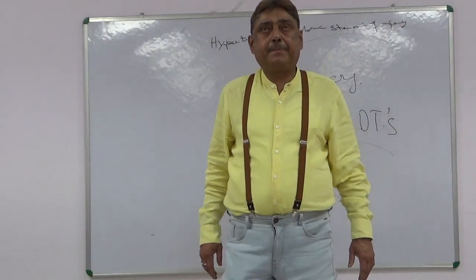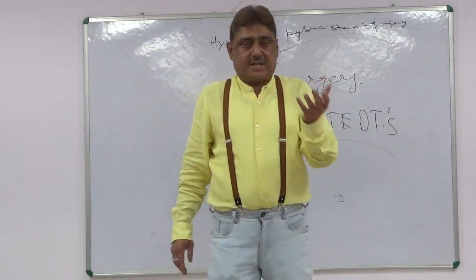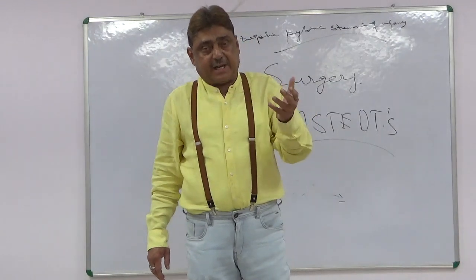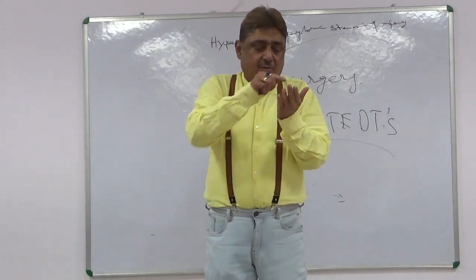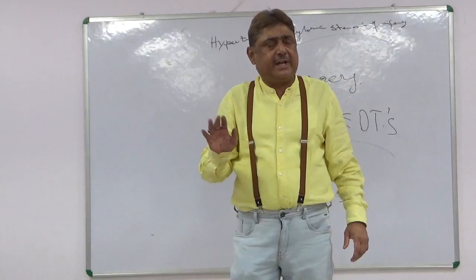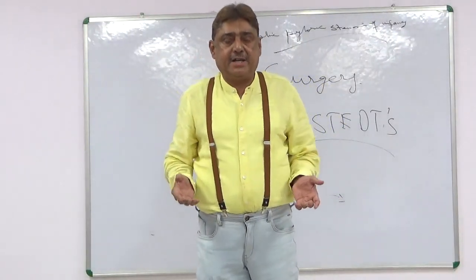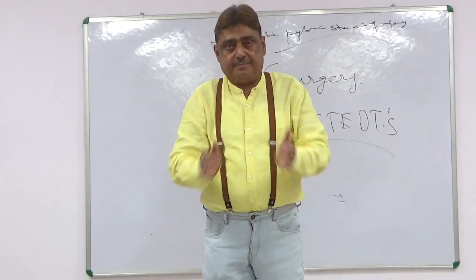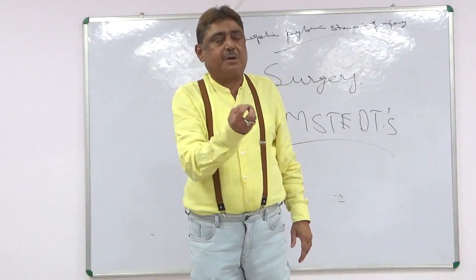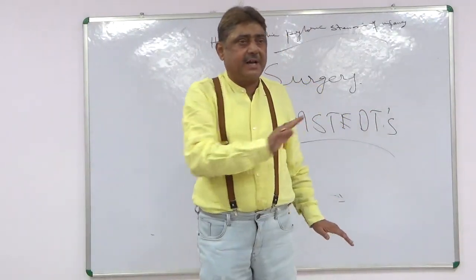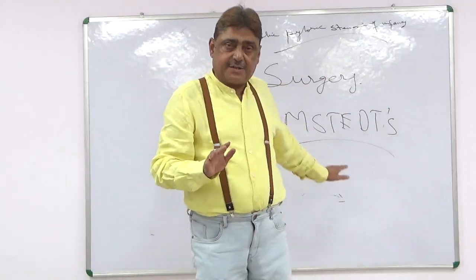What is it? We mobilize the pylorus and the avascular part of the pylorus. We give an incision very, very carefully and cut the hypertrophic muscles, and finally the mucosa is exposed. When the mucosa pops out, leave it as such. The passage has become clear and your operation is finished.